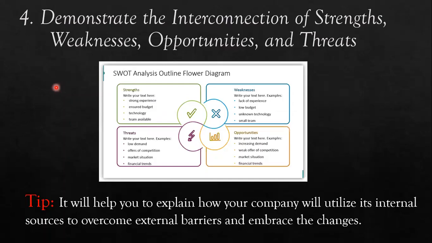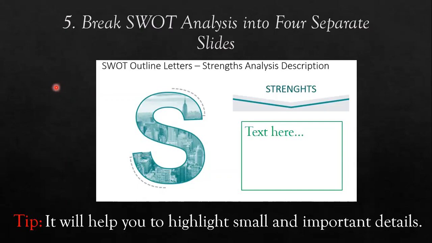I'm not saying that it's the only way and that's the perfect way. No, it's what I prefer. But because of space, because it's more attractive, because of attention, you don't get distracted and people don't get distracted, they recommend you to break the SWOT analysis into 4 separate slides.